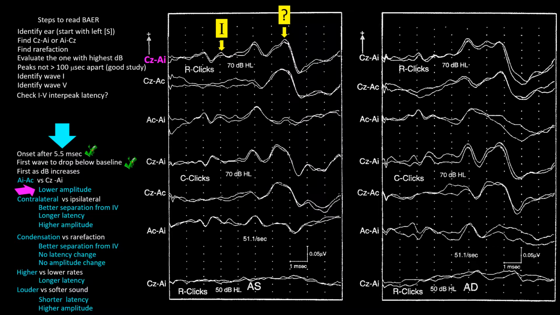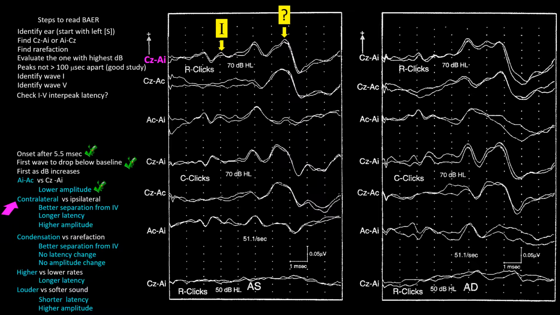Inter-ear derivation has to be lower to support the putative wave 5 being the real wave 5. The amplitude of the vertex to ipsilateral ear derivation is 0.8. The amplitude of the wave in the inter-ear derivation is 0.2. Thus, this item supports that the putative wave 5 that we have chosen is indeed the real one.